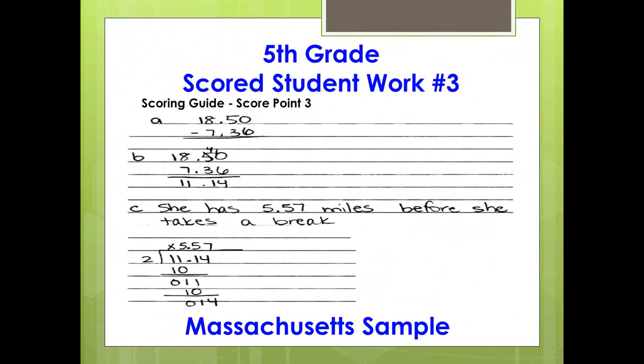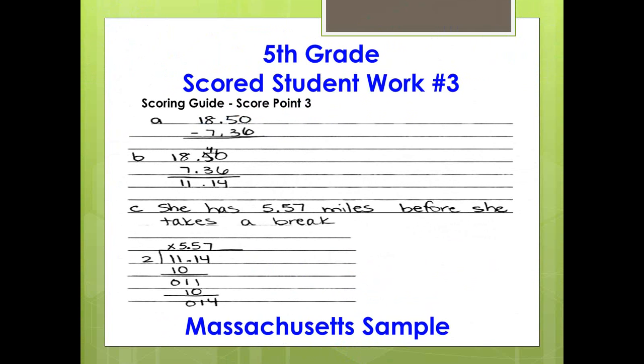The next student, student number 3, scored 3 points out of 4. They have the 18.50 minus 7.36 as a way to represent what is left over. And they went on to find the answer as 11.14 in part B as well.